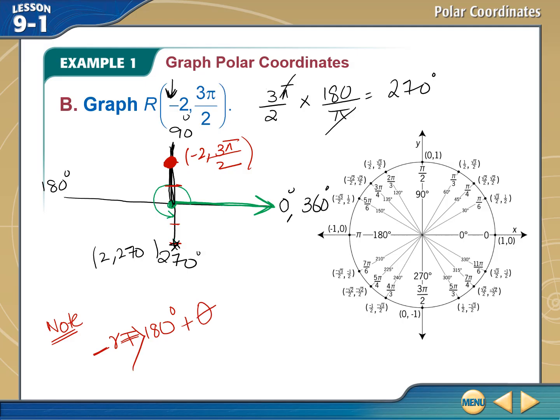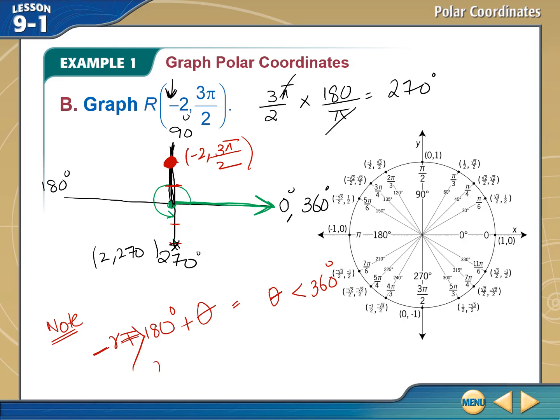So your angle was what? Your angle was 270, right? Now 270 plus 180. Okay, either plus 180 or minus 180, but make sure that theta should be less than 360 degrees.